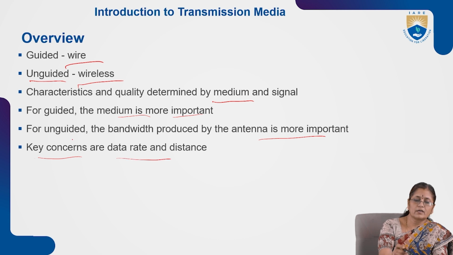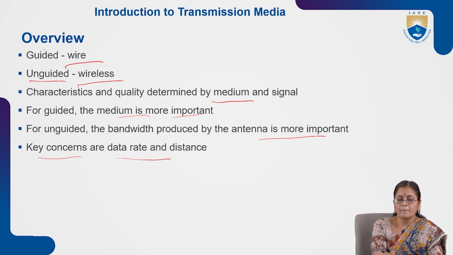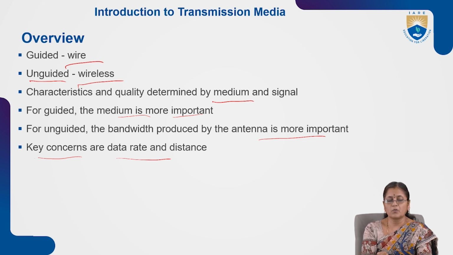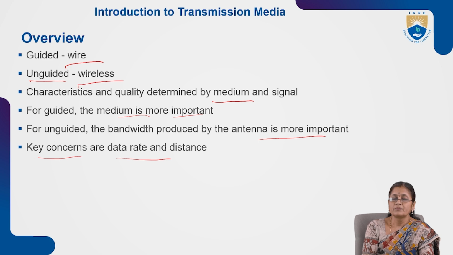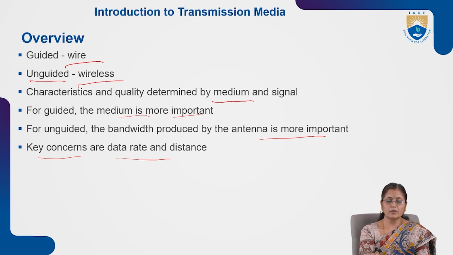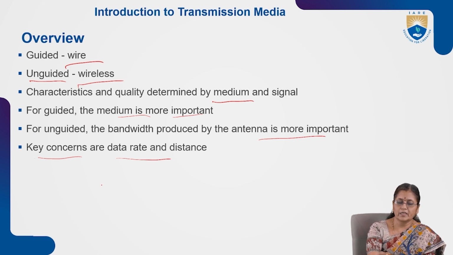So why do we go for guided and unguided transmission media? With guided transmission media, if you want to travel for kilometers, even several thousands of kilometers, the wires are physical connections, and physical connections cannot be installed for longer distances. Hence, we go for wireless transmission. Through Wi-Fi or satellite communication, we can send the data.